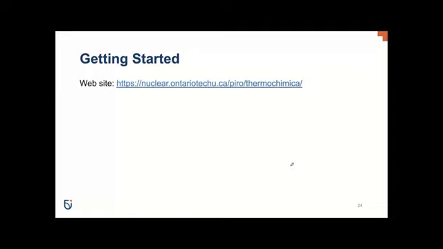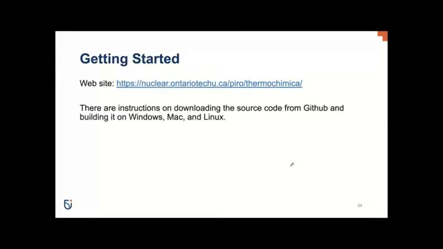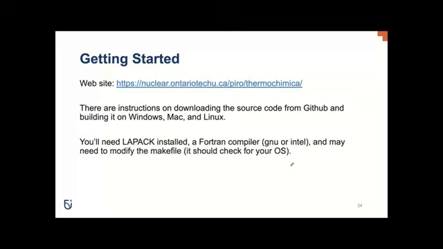If one wanted to get started with this, you can go to the website, which is given here. There are some instructions on downloading the source code, which is managed on GitHub, and building it on Windows, Mac, and Linux. What you will be required to have is LAPACK installed, which is a linear algebra library.